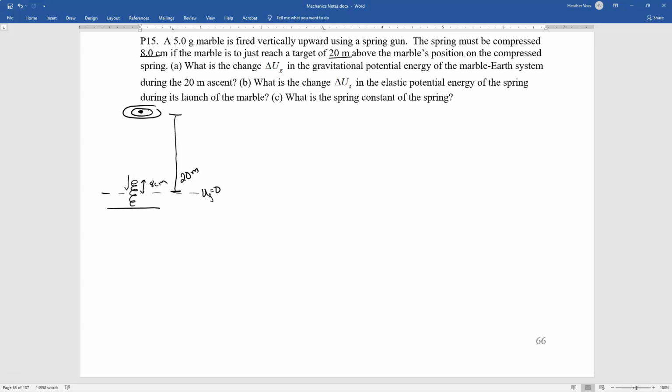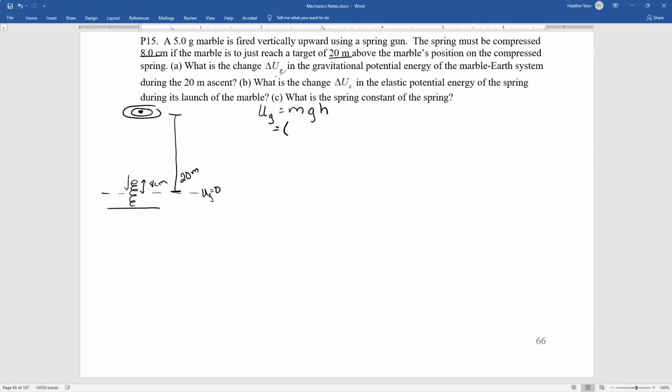So what we want to know is what is the change in the potential energy due to gravity, due to the gravitational force of the marble-Earth system during that 20-meter ascent? Well, at the top of the path, the potential energy due to the gravitational force is going to be mgh.